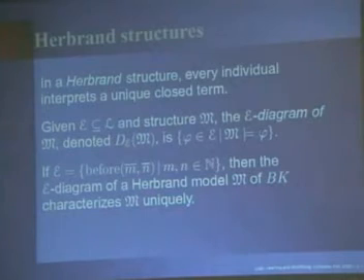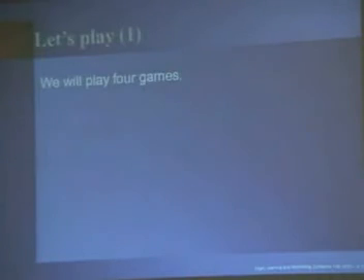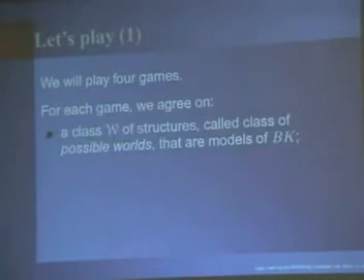So we'll play four games. For each game, we agree that a class W of structures, called the class of possible worlds, that are models of the background knowledge, is given to us. So a certain class of structures that assigns meanings to these formulas has been selected. We are also given a class of formulas that is the possible evidence, and a formula phi, which is the prize of the game.